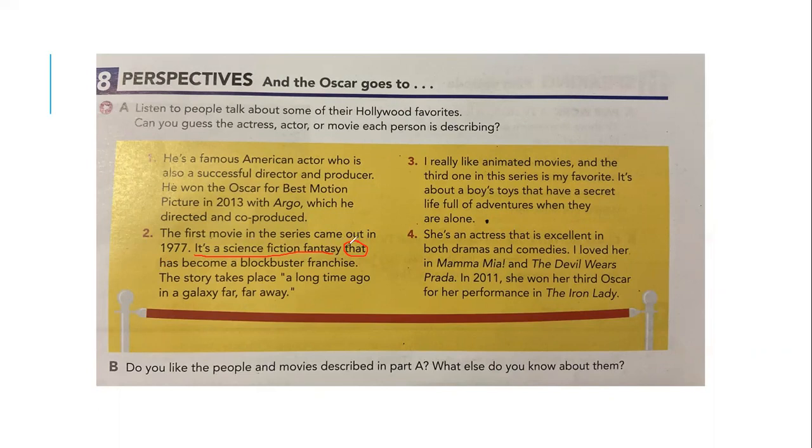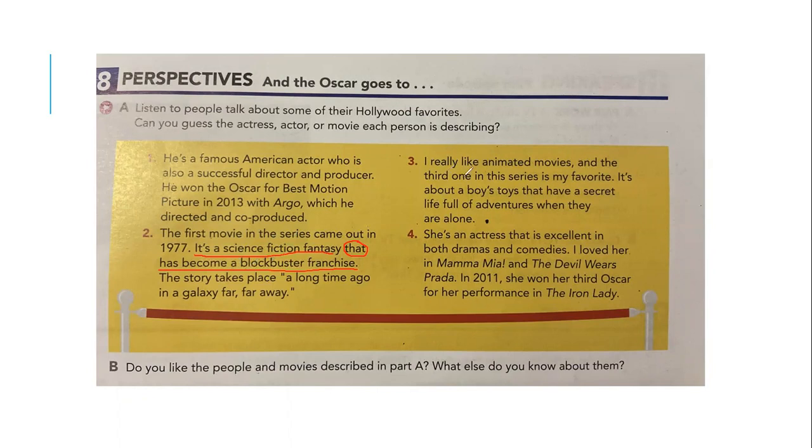Main clause, relative pronoun, and relative clause. Okay, it's a science fiction fantasy that has become a blockbuster franchise. This is our sentence with the three parts: the main clause, relative pronoun, and relative clause.